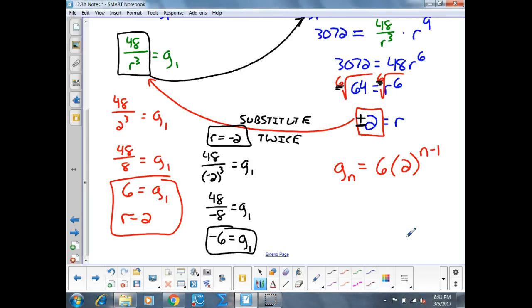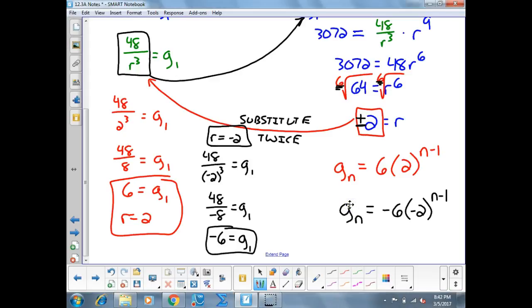My other one is going to be g sub n equals negative 6 times negative 2 to the n minus 1 power.